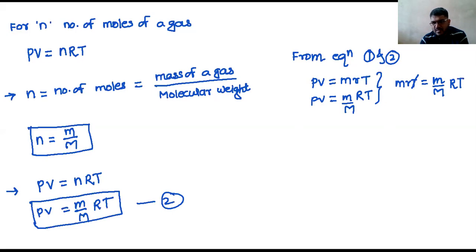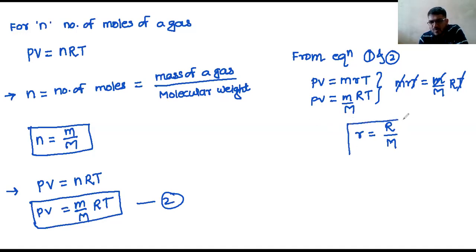So here I am cancelling this T with this, and this small m with this m. Then I am getting small r is equal to capital R by M. What relation did I get? r is equal to capital R by M.